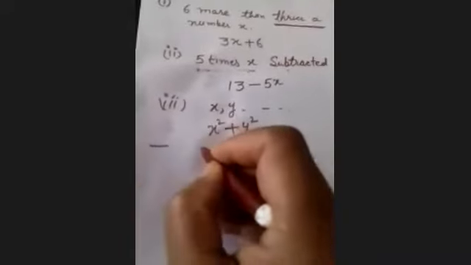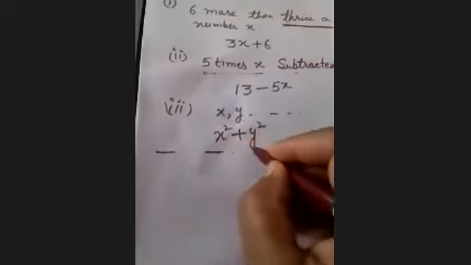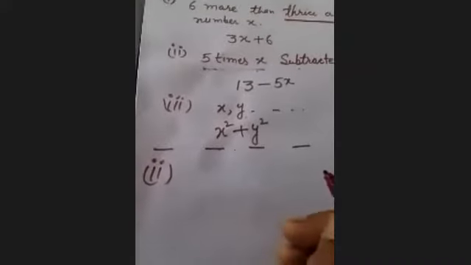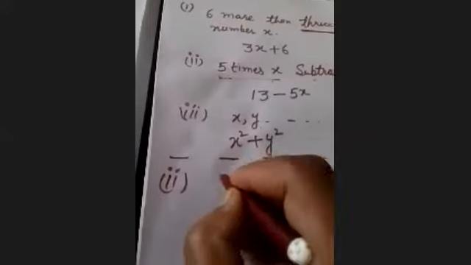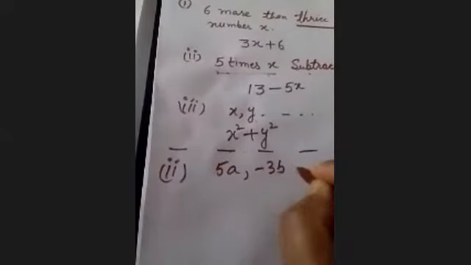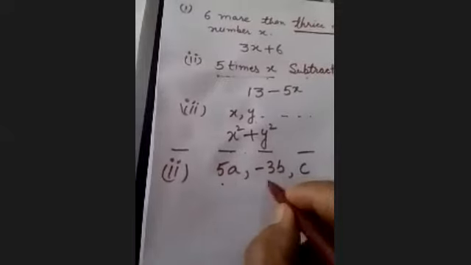Yes, friends. Next is, write an algebraic expression whose terms are given. Our terms are 5a, minus 3b, and c. These are three terms.